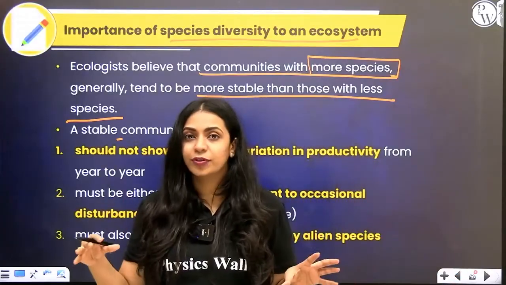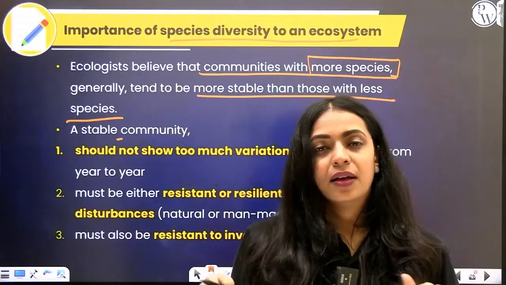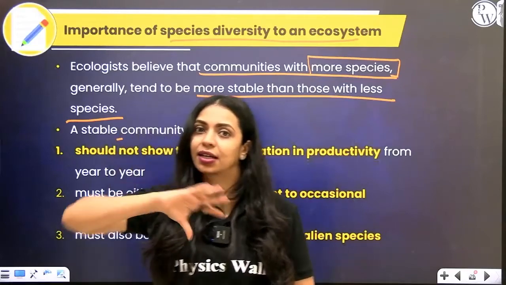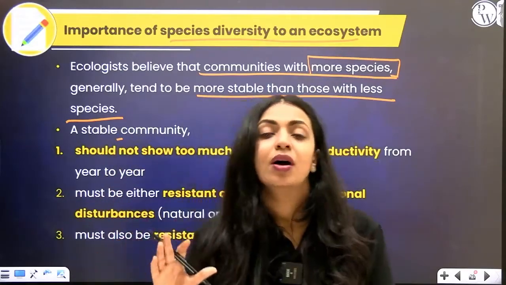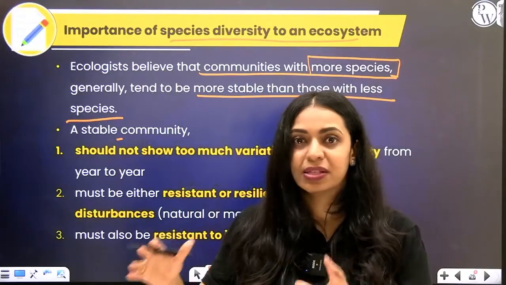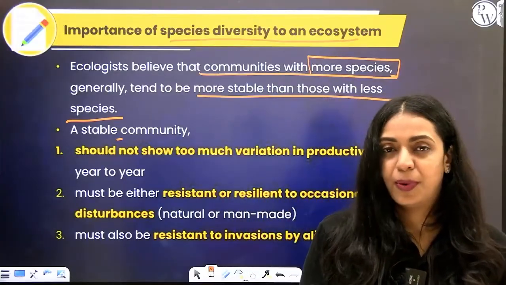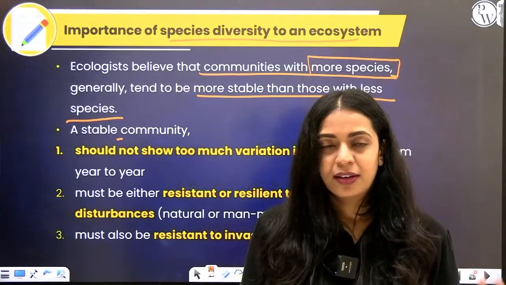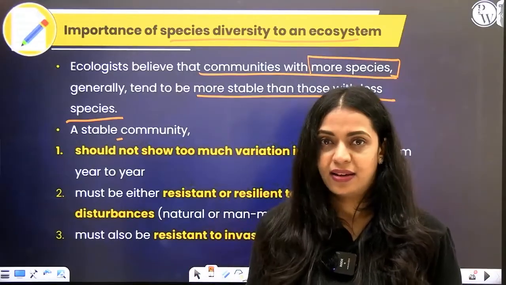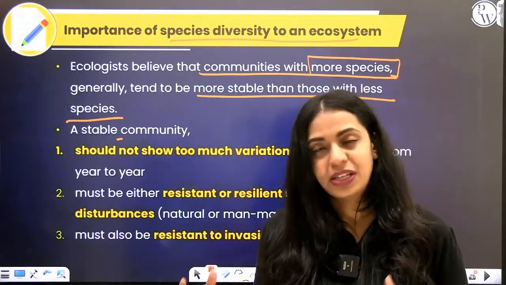Let's say both of those areas are hit by drought, there's not sufficient water in the soil. Then the first kind of ecosystem with more species diversity kind of knows how to get through that challenge and will come out successful at the end. It will still survive as an ecosystem. But the area that has only 5 different species of plants might not survive it, right? So the more species there are in an area, the more species diversity there is, the better will be the stability of the ecosystem.